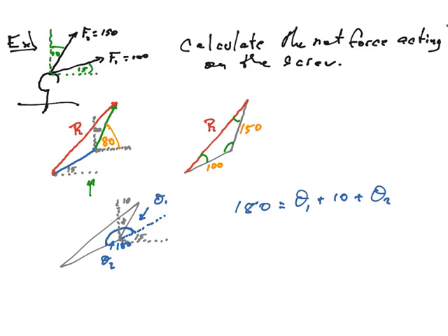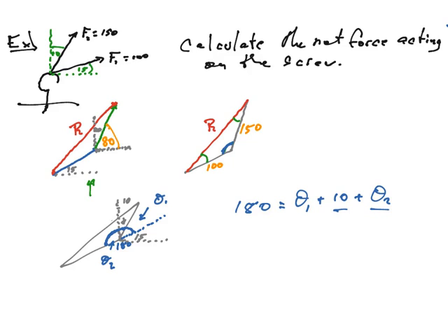If I add those three pieces, I get 180 degrees. What I want is just the theta 2 and the 10 added together. That'll give me this green angle here. That's all I want. I only want this amount of it. So the theta 1 I could care less about, but I may need to figure out what theta 1 is to get the rest of it.